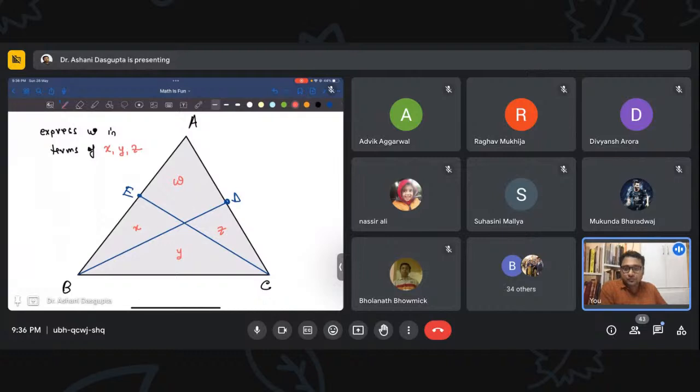Give it a try, all of you. This will be a bit more challenging than the material that we have done so far. And that's all right, because it's supposed to be challenging. Otherwise, it's just a school geometry seminar kind of thing. But think about it.